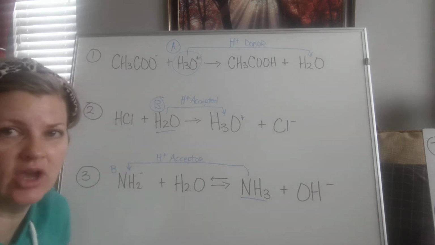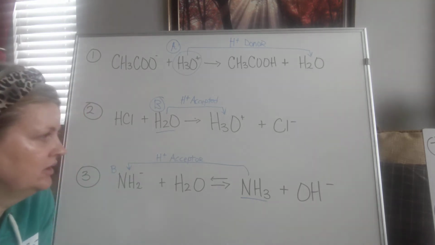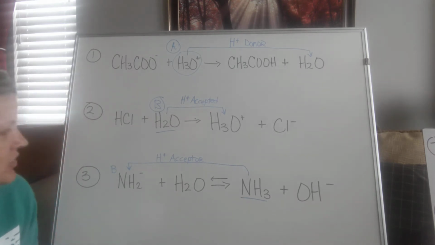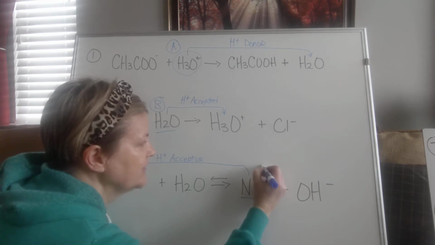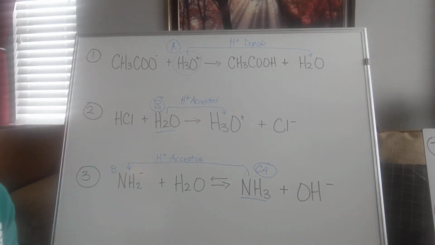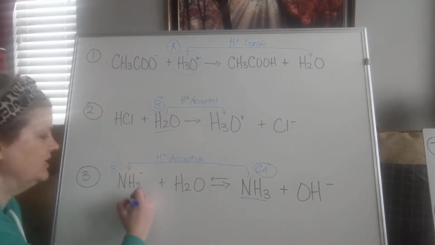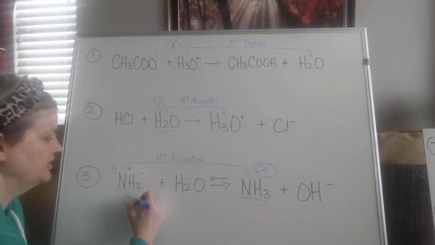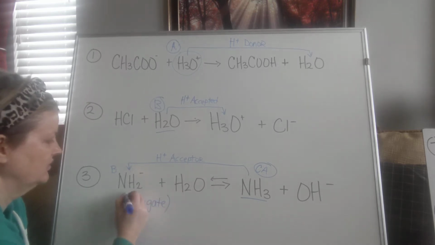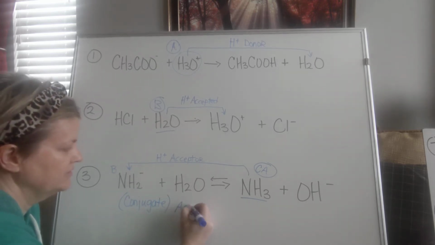And a base is always connected to, remember I was telling you in my last video, you always need an ABC. So a base is connected to a conjugate acid, which means NH3 is my conjugate acid.